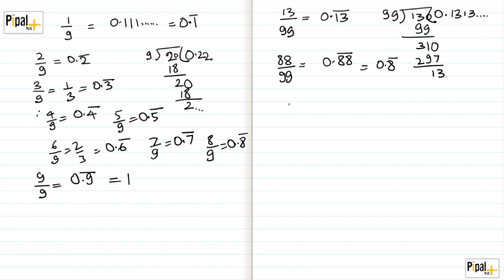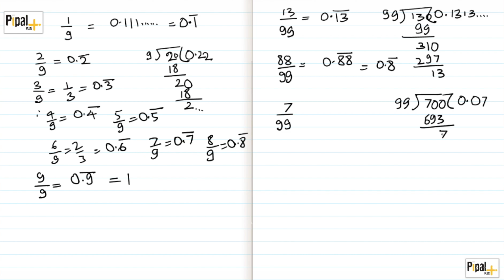Now let's take another case. What happens if I divide, let's say 7 by 99? Let's do the long division and see. So I have to put a decimal. This is 70, still not greater than 99. So I have to put a 0 here, and that allows me to put another decimal here. So 99 into 7 is 693. And now I'm left with 7.